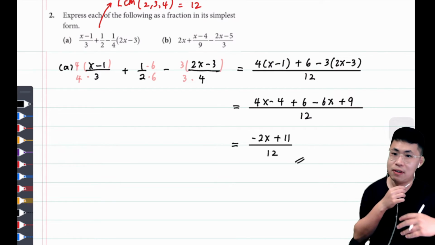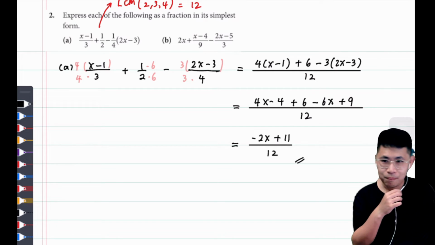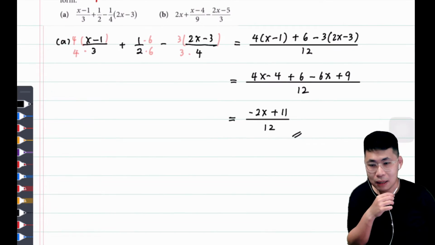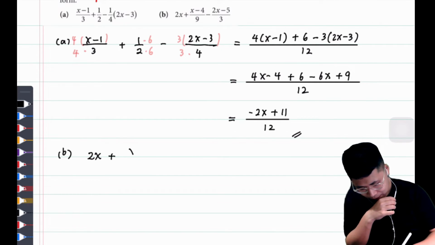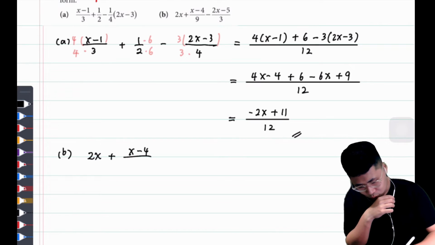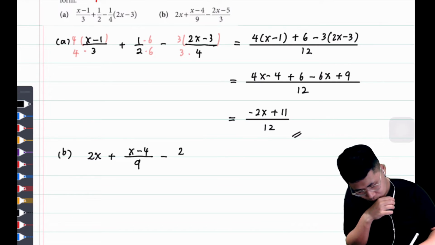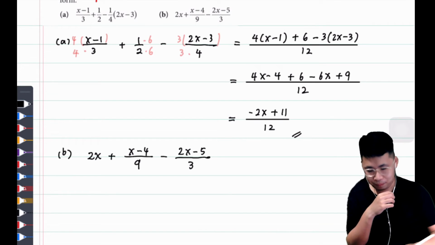So this will be the final answer for part A. So let's continue on with part B over there. So part B, we have 2x plus x minus 4 over 9 and a minus 2x minus 5 over 3.